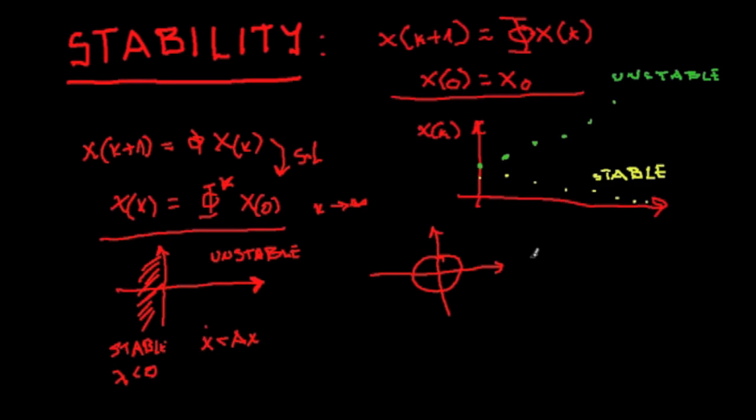In the same way, we have for the discrete system. If the magnitude of lambda is greater than 1, and lambda is an eigenvalue of phi, then the system is unstable.